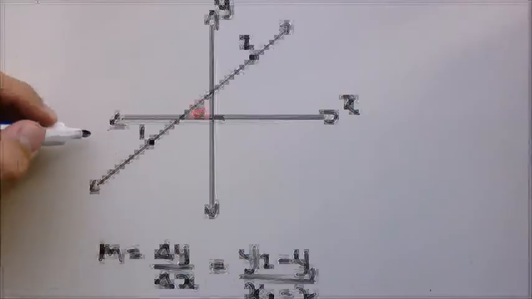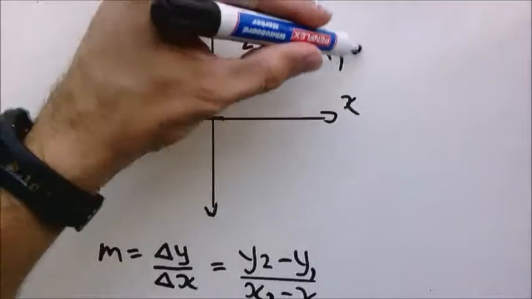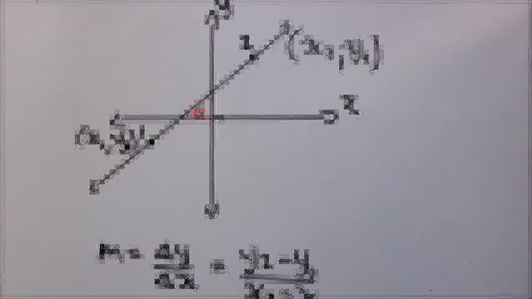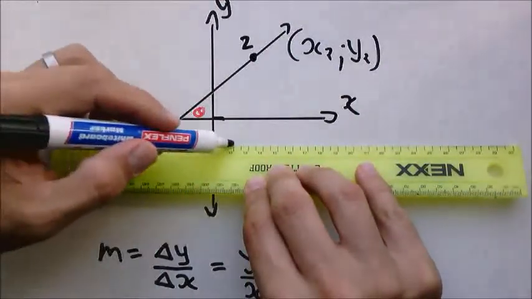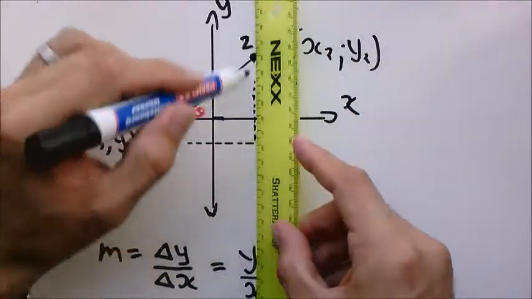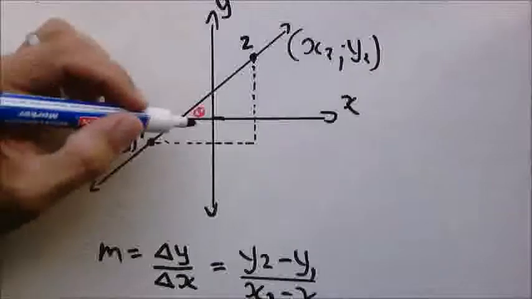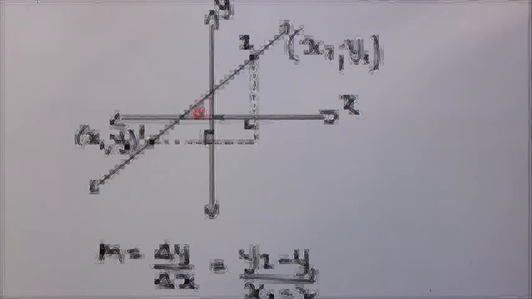Okay, so point number 1 will have x1 and y1 as its coordinates, and point number 2, x2, y2. So the difference in the y coordinates, y2 minus y1, will look like this. Let me just draw a little triangle. Keep in mind that this line is horizontal and this one is vertical.